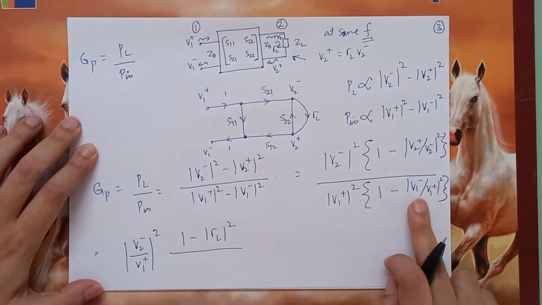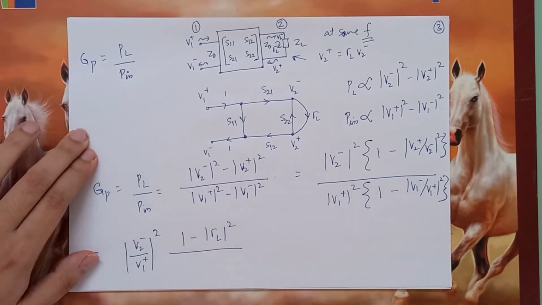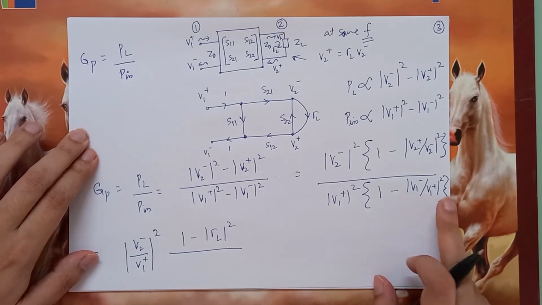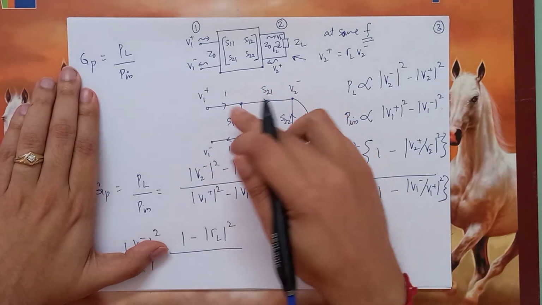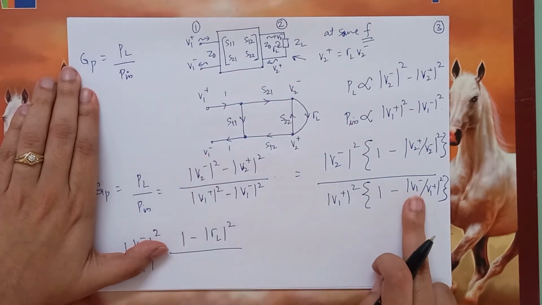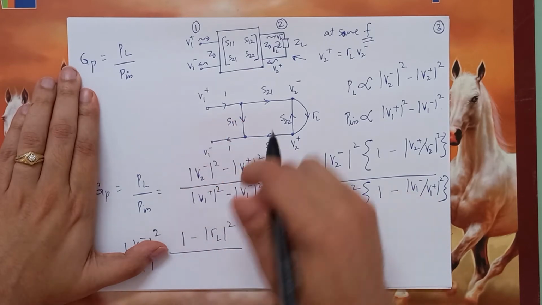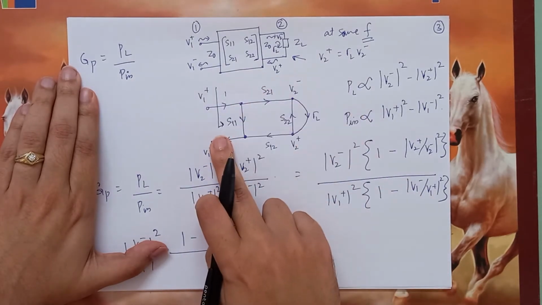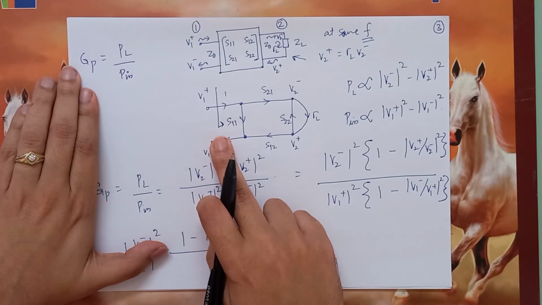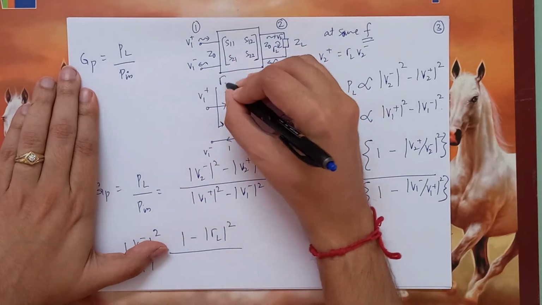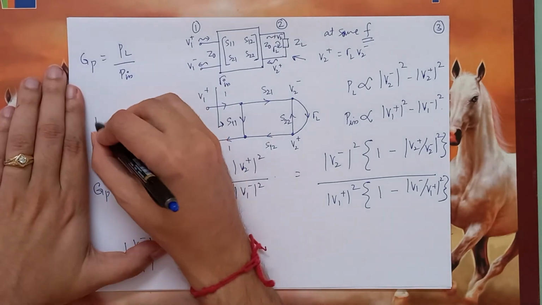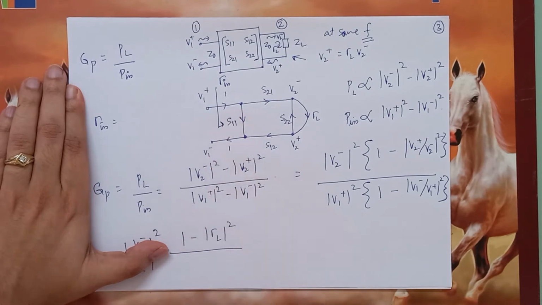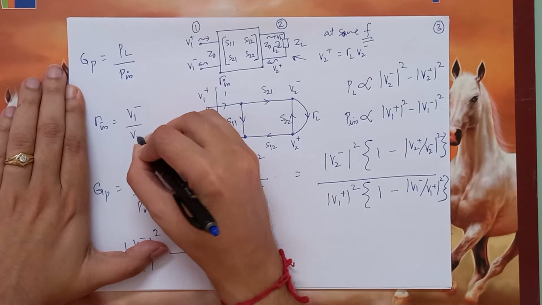And in the denominator, what is V1 minus divided by V1 plus? Well, if you look at port 1, it is V1 minus divided by V1 plus. That is nothing but the reflection coefficient looking into port 1. In the previous lecture, we already gave a term for this, which is gamma in, the reflection coefficient looking into the input port 1 of the amplifier, which is V1 minus divided by V1 plus.